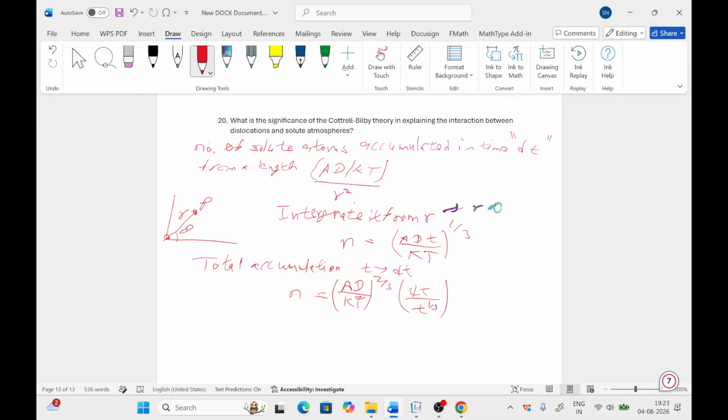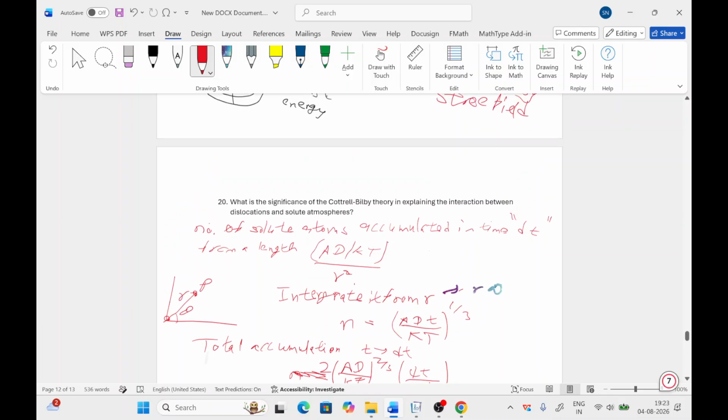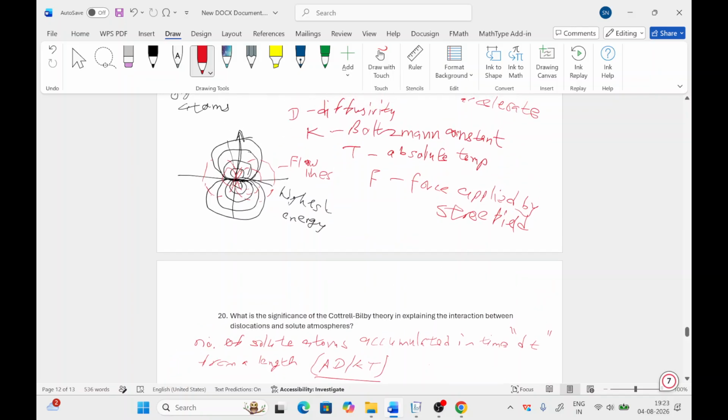So this term represents the area that supplied solute atoms between t and t plus dt. And here we write 2 because of the both sides of flow lines. Means both sides of flow lines are accumulating solute atoms at the dislocation length.